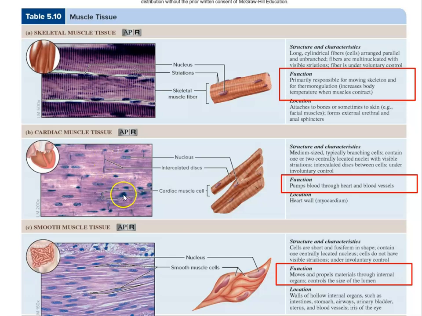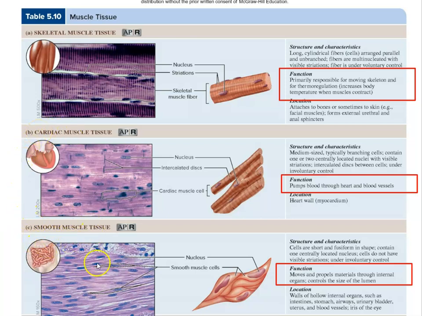And usually there's 1 or 2 nuclei in each cell. So a little bit different than a skeletal muscle's appearance. And you can also see very fine lines here. These are also striated muscle cells. So the 2 types of striated muscles are going to be your skeletal muscle and your cardiac muscle.